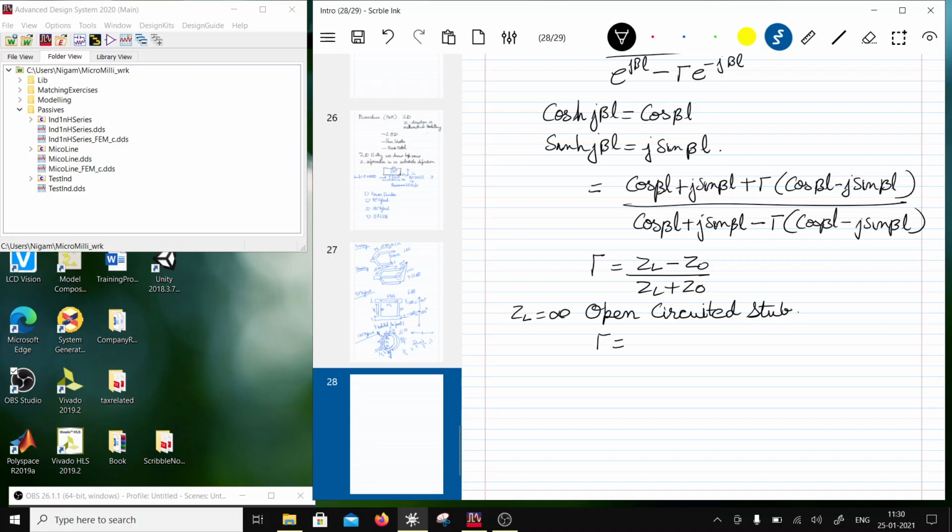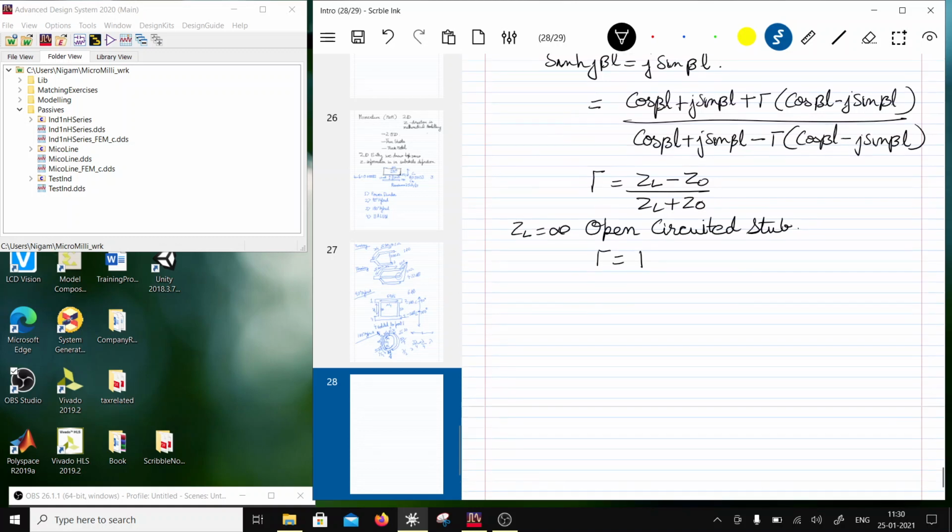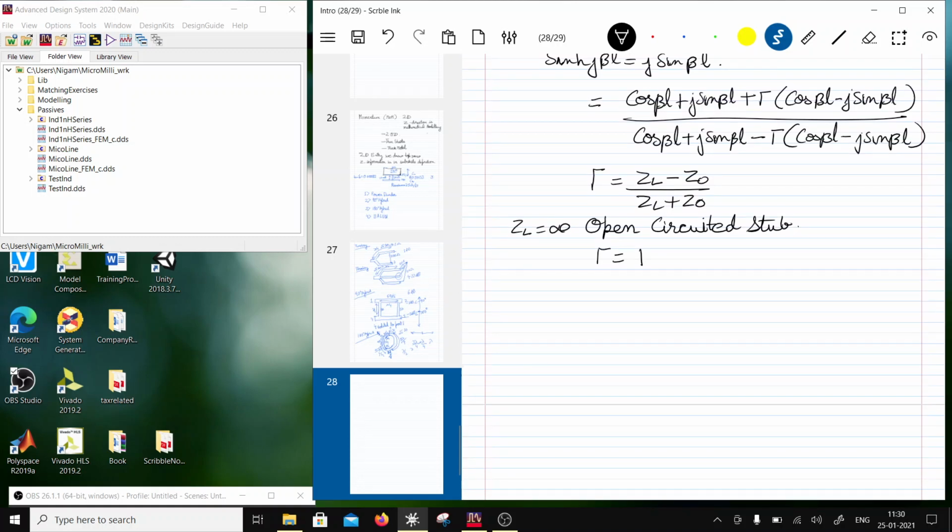So Zin is equal to twice cos(βL) divided by twice j sin(βL).